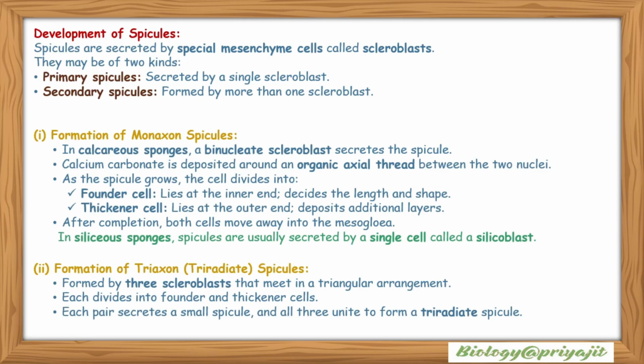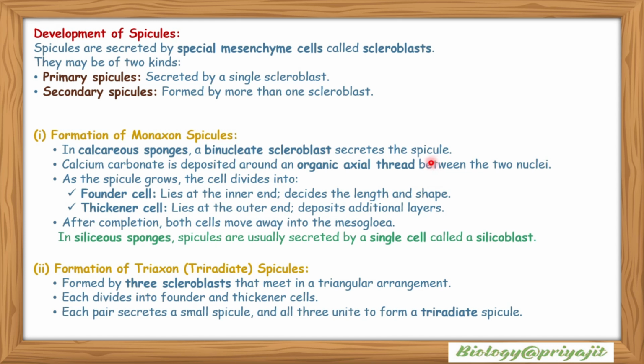Development of spicules. Spicules are secreted by special mesenchyme cells called scleroblasts. They may be of two kinds: primary spicules, which are secreted by a single scleroblast, and secondary spicules, which are formed by more than one scleroblast. Formation of monaxon spicules. In calcareous sponges, a binucleate scleroblast secretes the spicule.